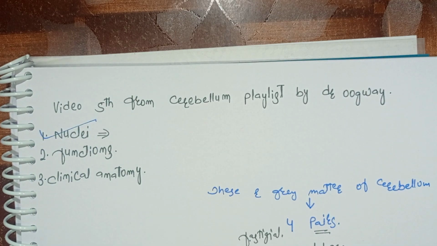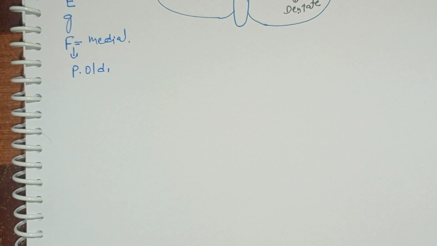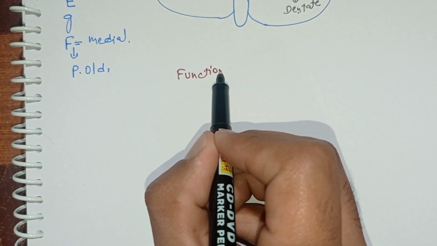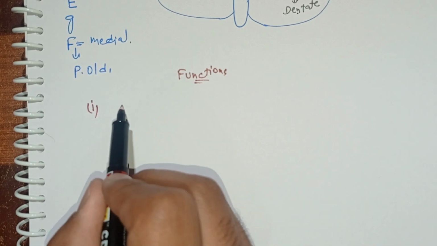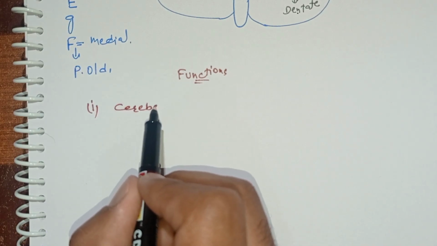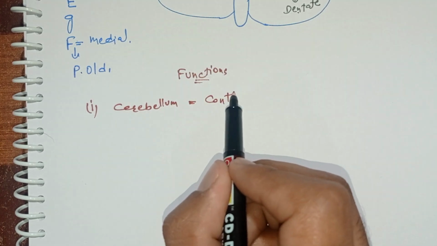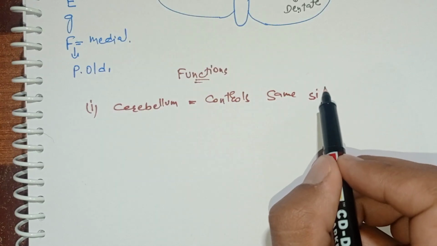Now we'll move on to the functions of the cerebellum. Number one: the cerebellum controls the same side of the body.